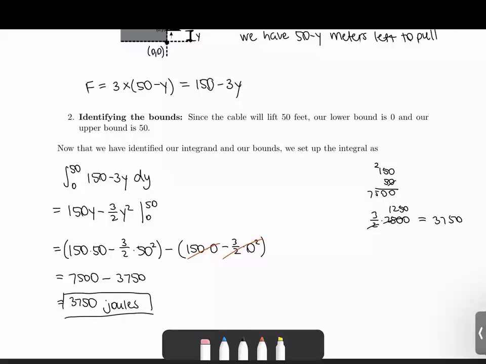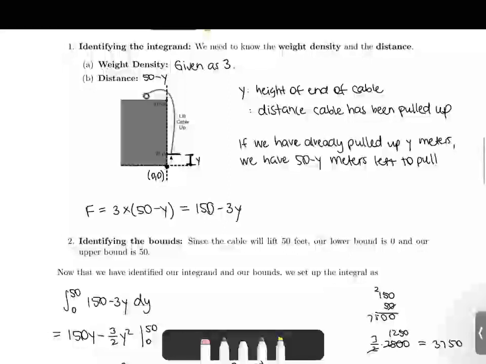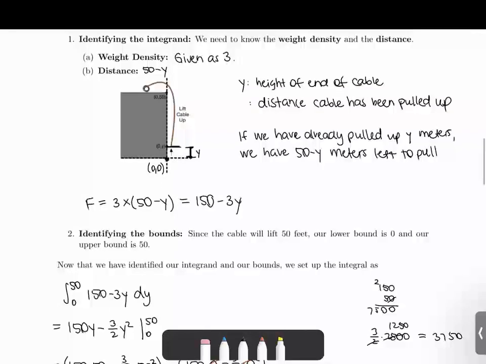Okay, so you can see that the actual integration part doesn't tend to be the difficult part of these questions. The difficult part of these questions is much more often the setup. So figuring out that my distance is really my distance remaining. So in this case, as the cable gets lifted up, it gets easier to lift.